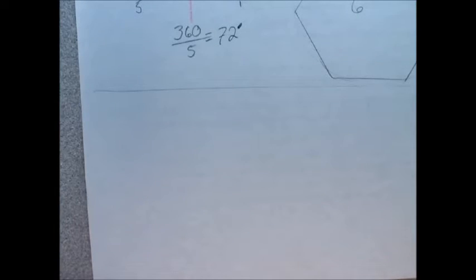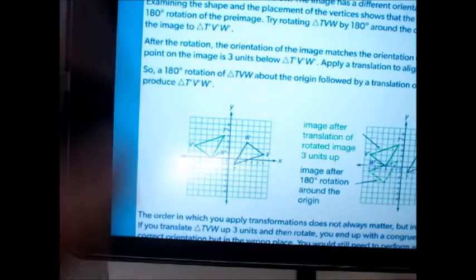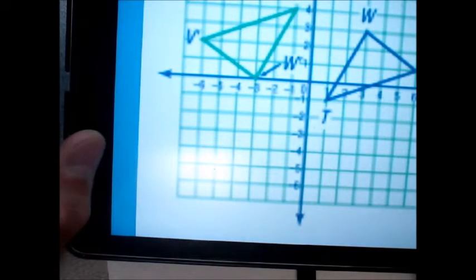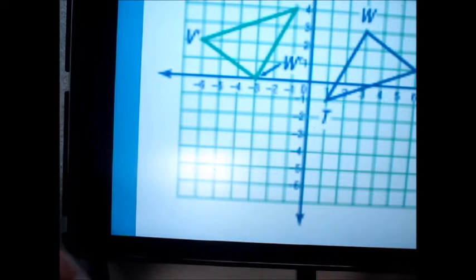All right, let's start examining it. So let's think about where this is in comparison to where it started, right? So if we look at TVW, which is that one on the right, the original, not the image, you guys say that it was rotated. Where was it rotated from if it was rotated?